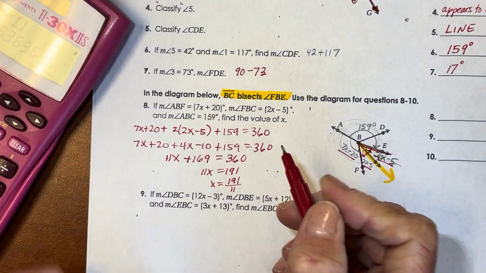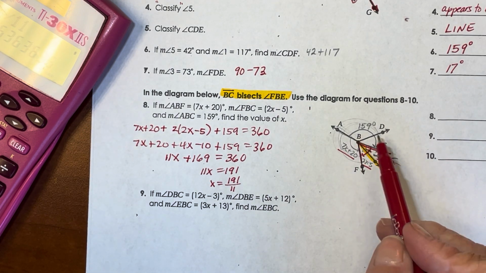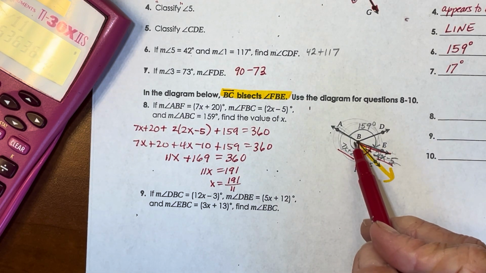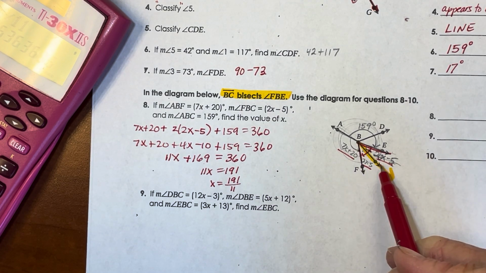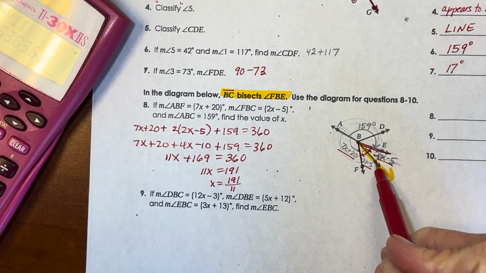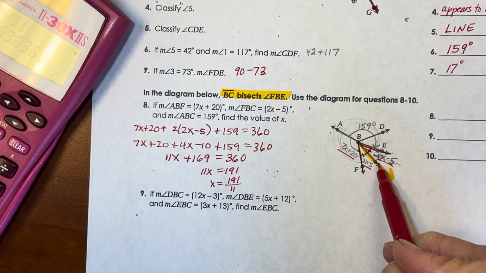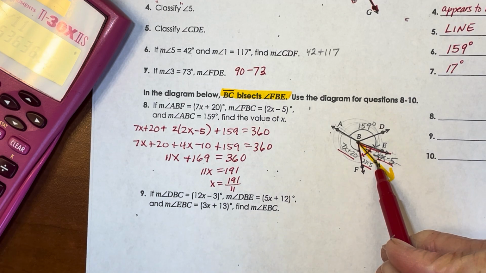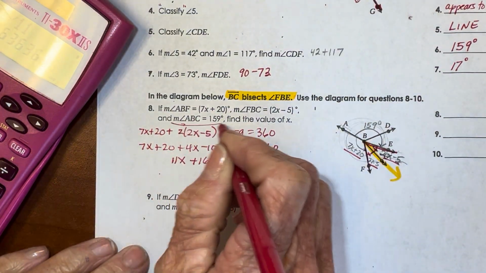So I think these problems generally work out well on this paper. Let me just double check something and see if I've not made a mistake here. ABF, FBC, and ABC. Okay, I looked at this angle wrong.